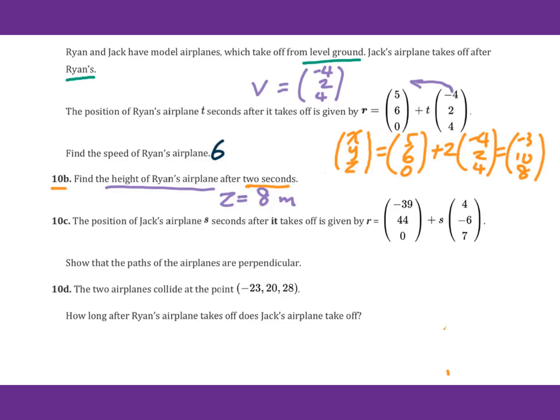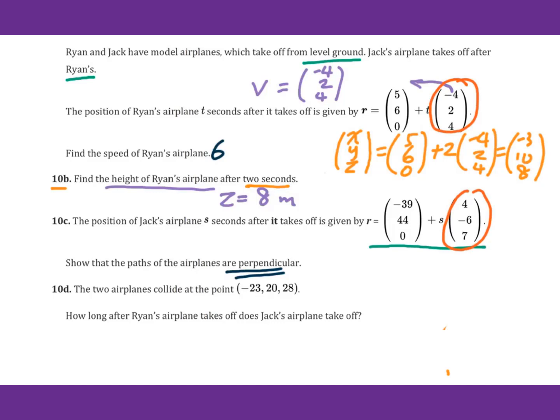For 10c, the position of Jack's airplane 8 seconds after it takes off is given by this equation. Show that the paths of the airplanes are perpendicular. When you prove two vectors are perpendicular to each other, we just need to figure out the dot product of the two vectors. We need a direction vector for both lines. We know this is a direction vector, this is a direction vector.